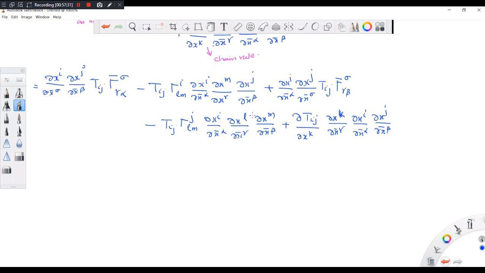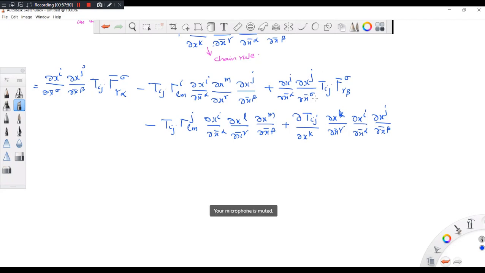See, for example, this one. This is the transformation of this, I will get T bar alpha beta. This is nothing but T bar alpha beta. Here this is nothing but T bar sigma beta. Okay, so I have one term here that you take to the left side.